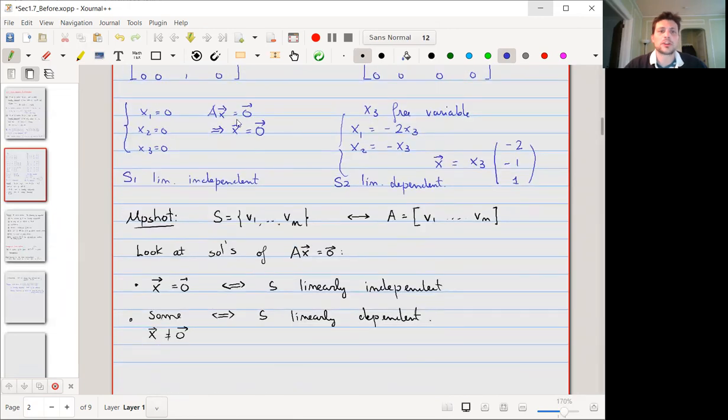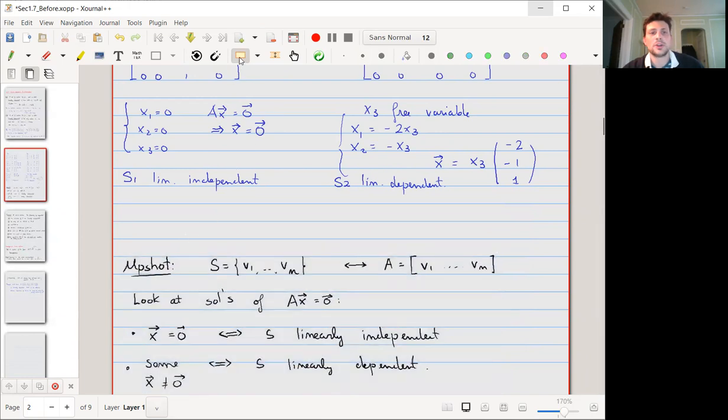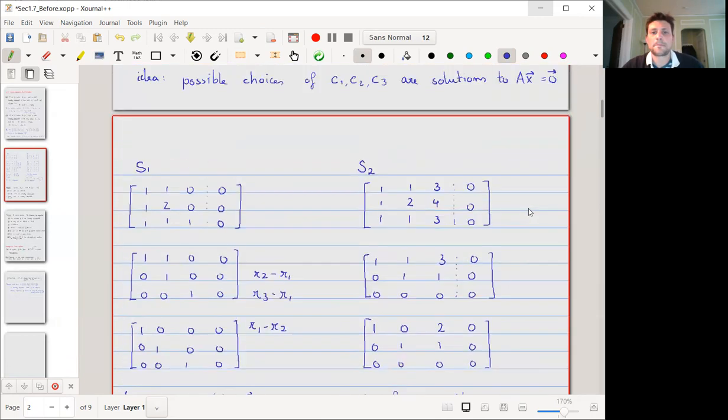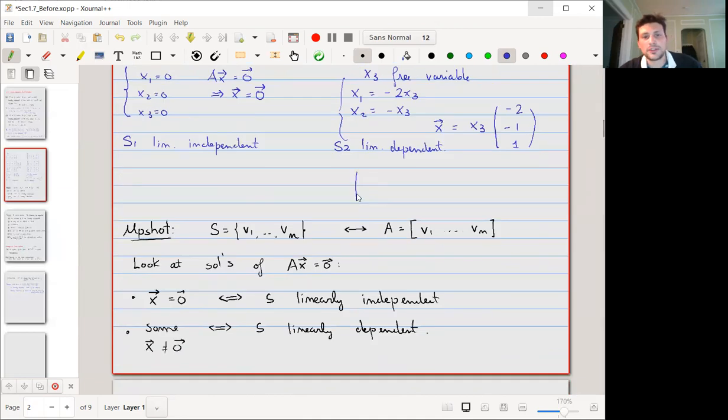If we wanted to be more explicit about how to write the 0 vector in the case of S2, we could do the following. I can take the columns of S2, 1, 1, 1, and then 1, 2, 1, and 3, 4, 3.